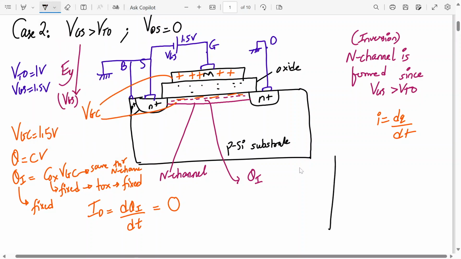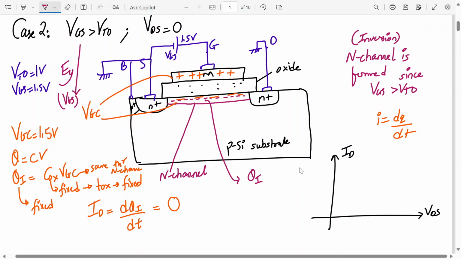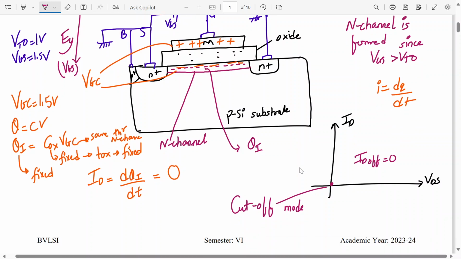So your characteristics will be VDS versus ID. Still the point is over here. Here again ID is 0. So the device is in which mode of operation here? Cut-off mode of operation, again in spite of VGS being greater than VT. Why? Because here VDS is 0.